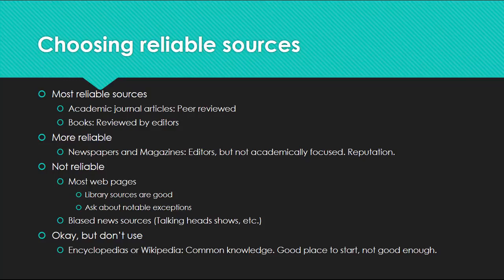Academic journal articles, the ones available to you in the library or through the library's website, have been peer reviewed. Before those stories can get in those academic journal articles, other scientists, other academics have to look those things over to make sure the material is good, right? That is a big deal.